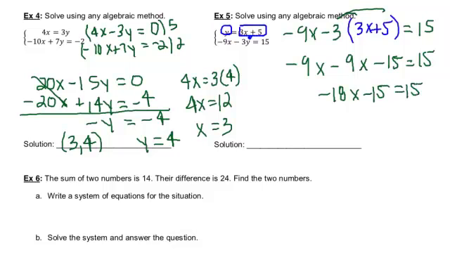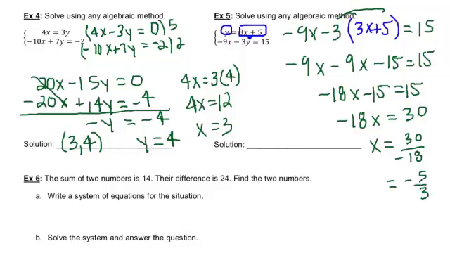We add 15 to both sides. We get negative 18x equals 30. Divide by negative 18, x equals 30 over negative 18, or negative 30 eighteenths, which we can simplify to negative 5 thirds. Can divide by 6. So again, our x value is negative 5 thirds.